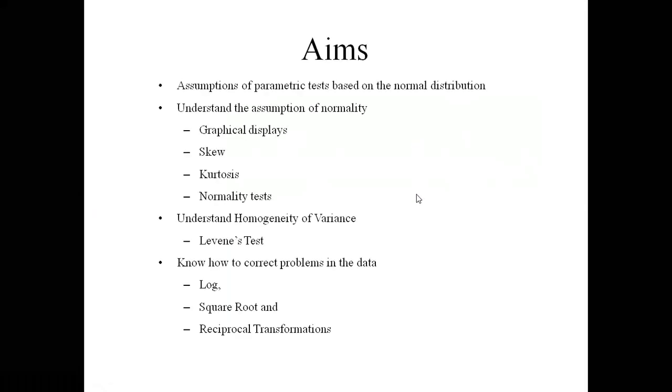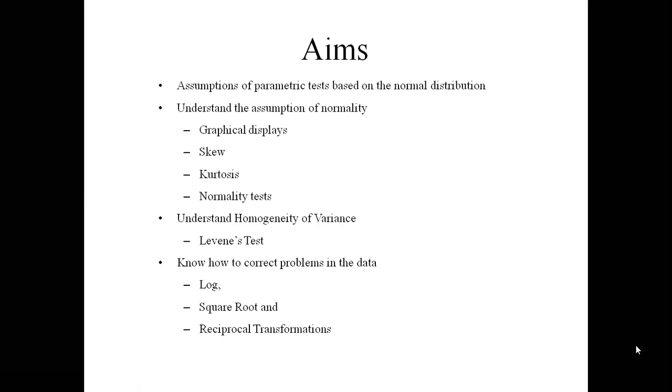So, aims of the assumptions of the parametric test. Basically, we should understand what is a parametric test and what are its assumptions. So basically, we should understand the normality of the data. How will I calculate or estimate the normality of my data?